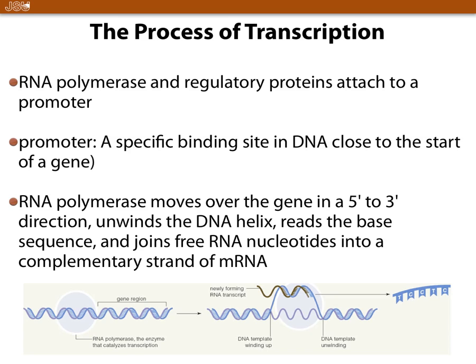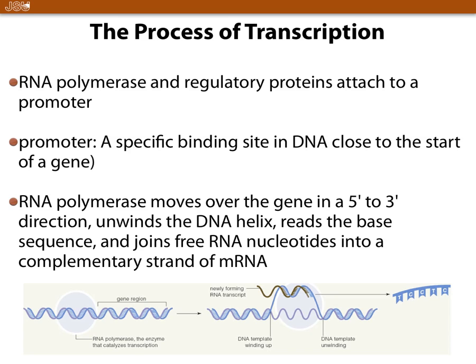But RNA polymerase doesn't know where to go exactly. So there is a small region of DNA before the gene, or in this picture to the left of the gene. And that's going to pull in that RNA polymerase and allow it to physically sit on the DNA molecule.